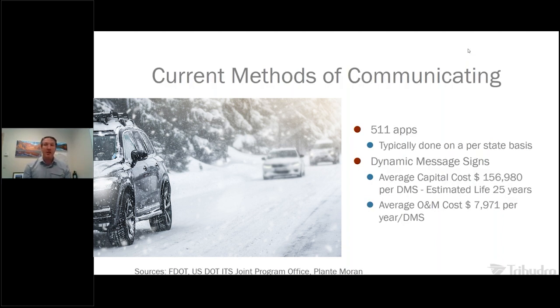With an average capital cost of almost $157,000 per dynamic message sign, an average estimated life of about 25 years, and average operations and maintenance costs on top of that of almost $8,000 per year per DMS, it can be somewhat impractical to deploy these statewide, especially over areas where you're going to run into multiple conditions that you want to communicate out to drivers.